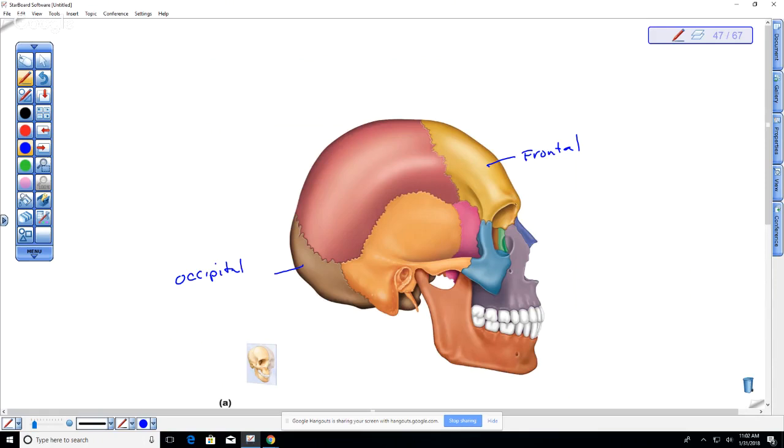And remember that these are suture joints right here. This is the squamous suture joint. And those are relatively immovable. So they're fibrous joints. So collagen fibers connect those two bones, except when we're babies, when the bones have a little bit more mobility because they're growing and the sutures have yet to fuse.